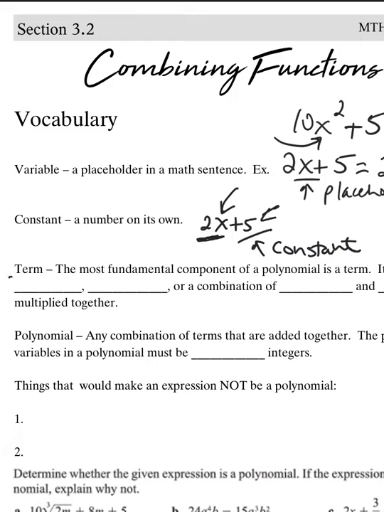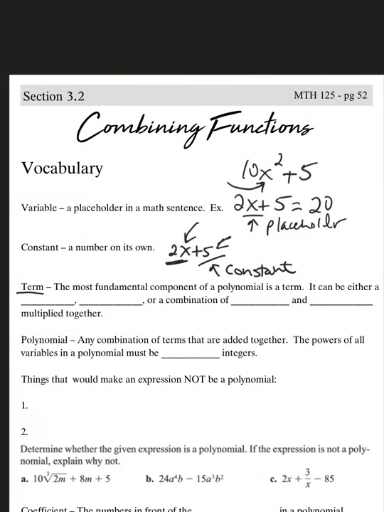Then we have the word term, which I've already been using to describe other things. The most fundamental component of a polynomial is a term. It can either be a number, variable, or a combination of numbers and variables multiplied together.